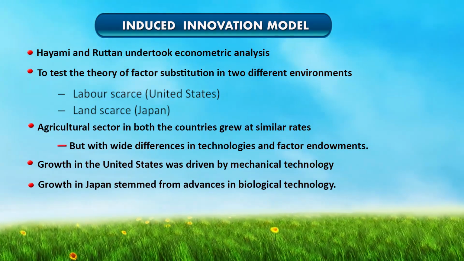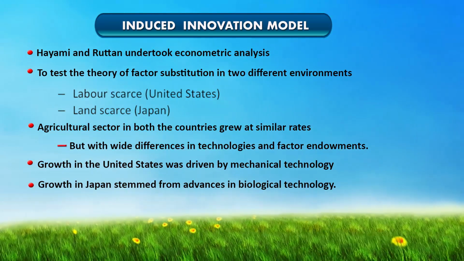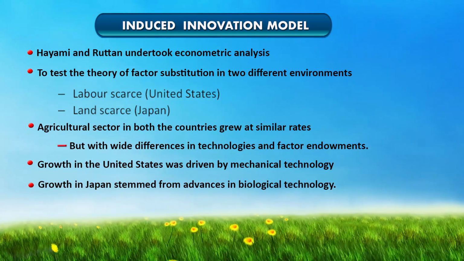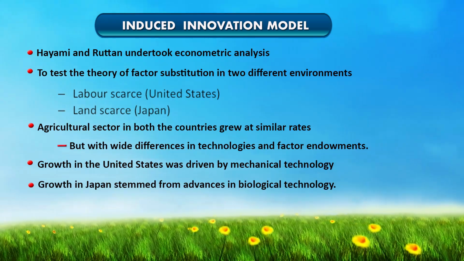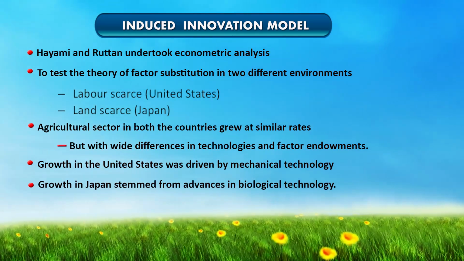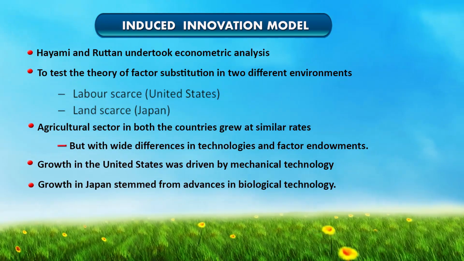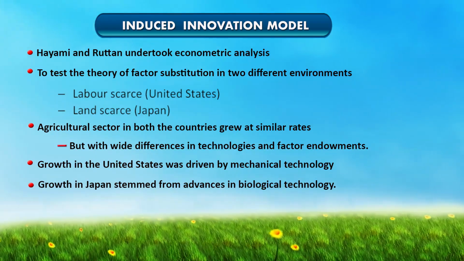So they used different types of technology in the agricultural production process. Growth in the United States was driven by mechanical technology. They use more farm machinery because they have scarce labor resources. In Japan, they use advances in biological technology to increase agricultural production.